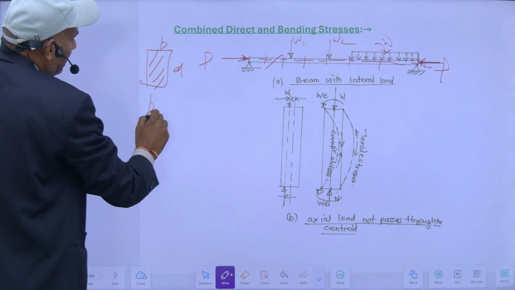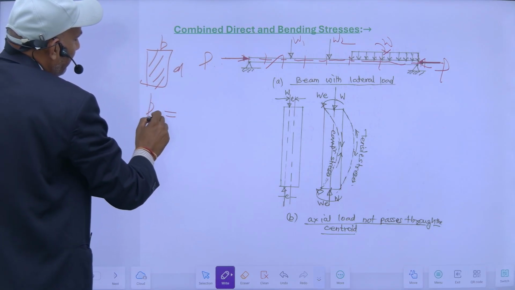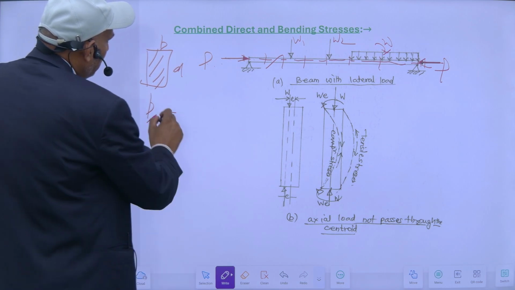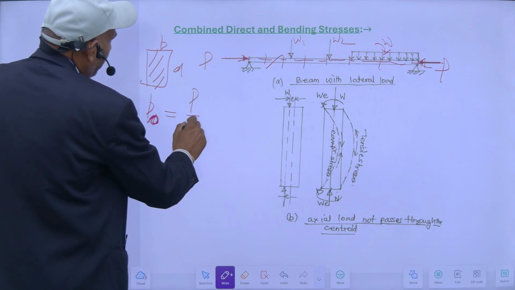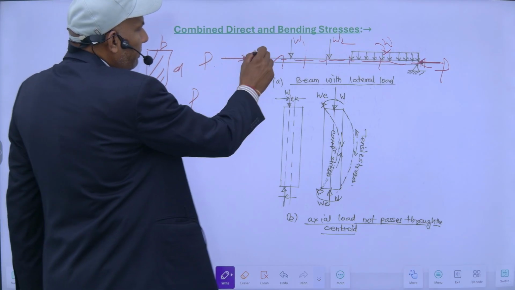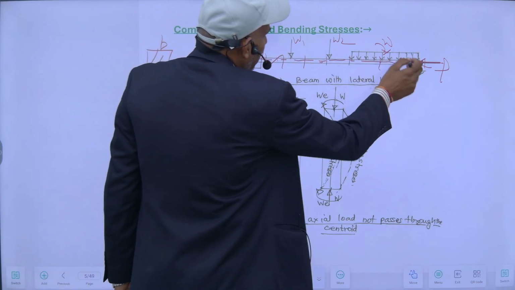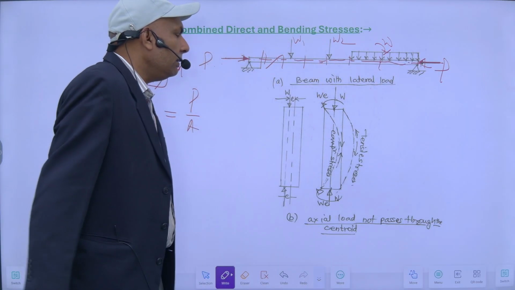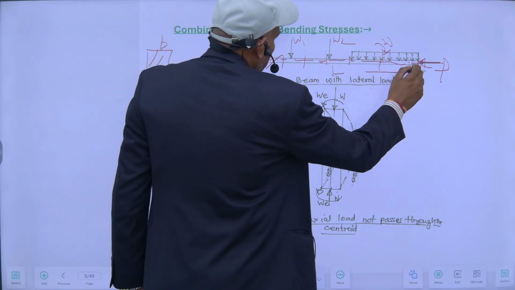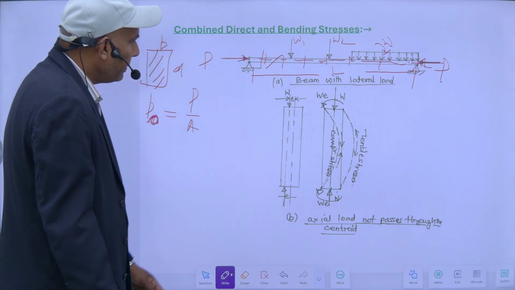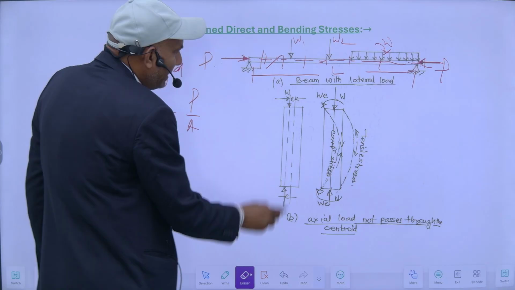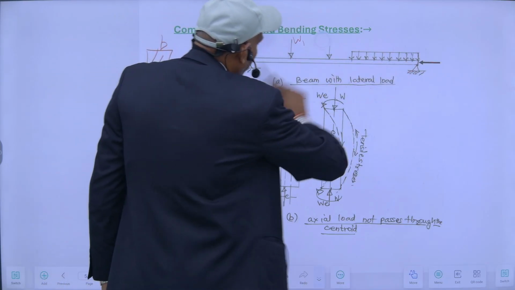As a result, my direct stress, suppose this is the original direct stress P0, will be load upon area. That will be compressive in nature and will act throughout the length of the beam. So these compressive stresses will be developed at each section of the beam.